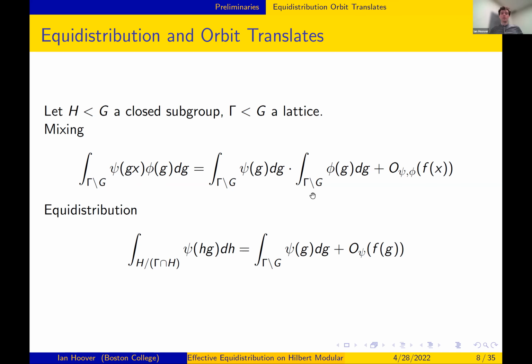If this were effective, it would mean that we'd have some explicit error term in terms of our functions and as a function of our group element that we're translating by. And equidistribution is a similar idea, except instead of integrating over space, you're integrating over some subgroup orbit on that space.